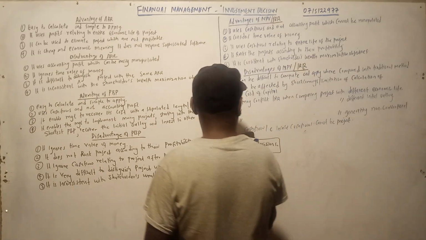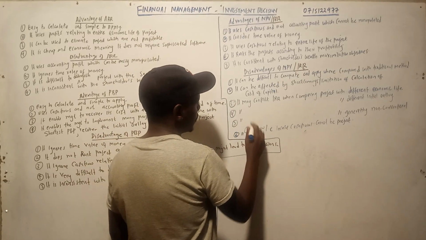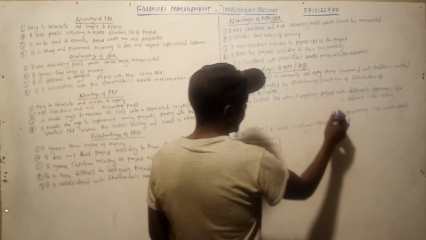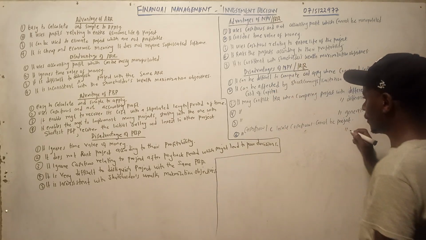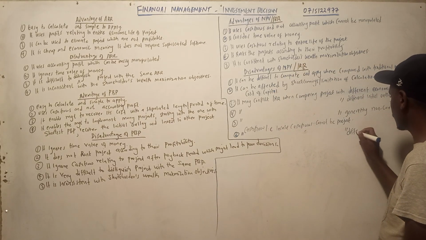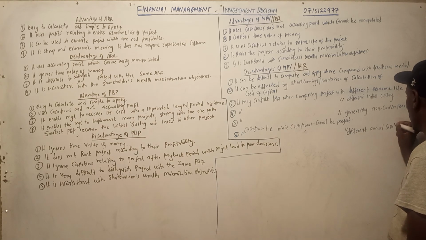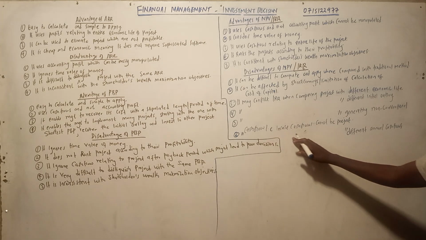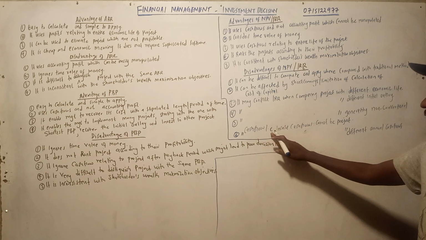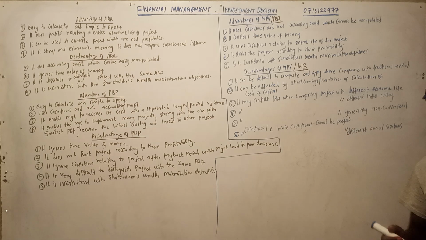Another similar disadvantage, number six: it may conflict with IRR when comparing projects with different annual cash flows.